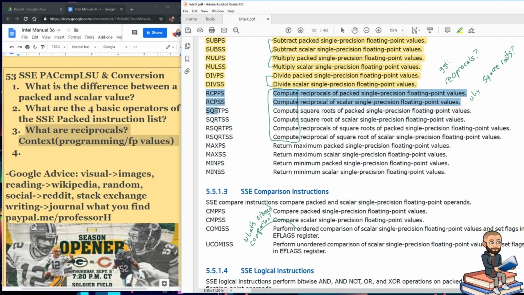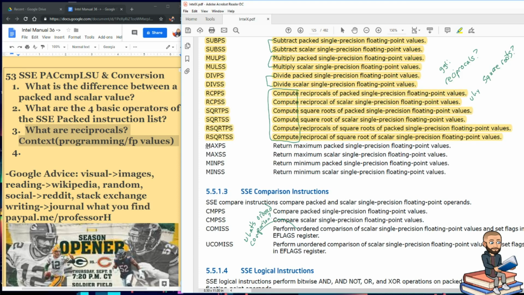Oh, I'm saying those wrong. So square root PS, square root SS. I wonder how people pronounce these mnemonics. Like, I've been hearing MOV for move on a lot of YouTube channels, and I don't know why. I guess it's like really speaking a whole nother language. But anyways, those are the whole compute reciprocals part of arithmetic instructions.